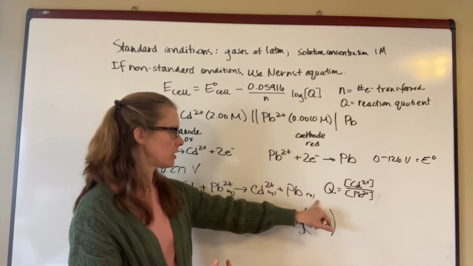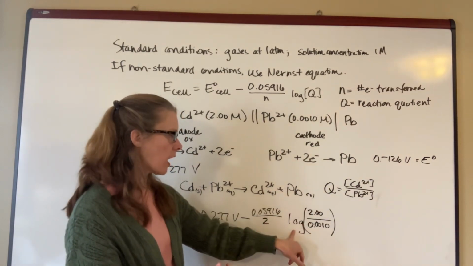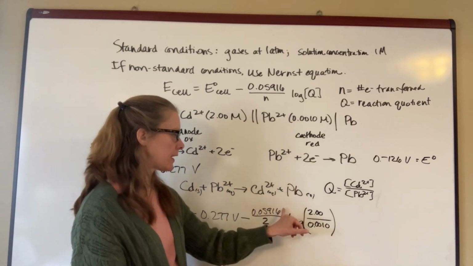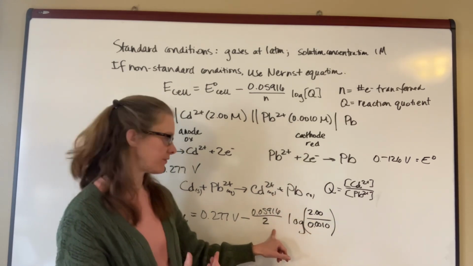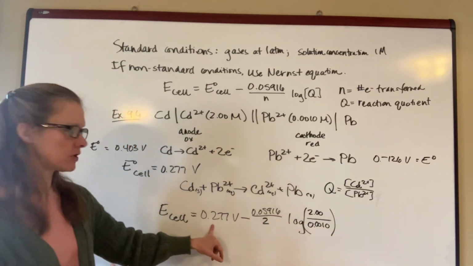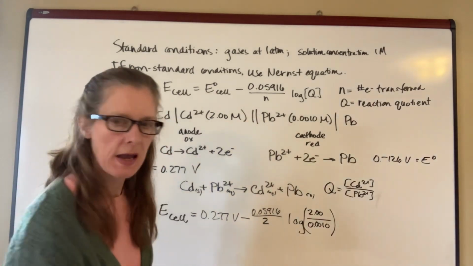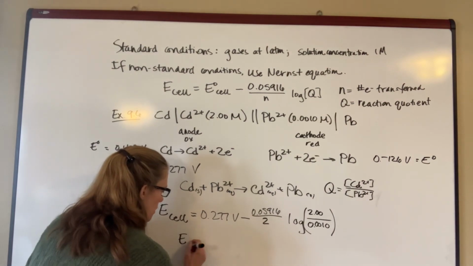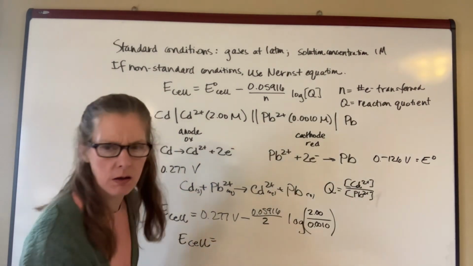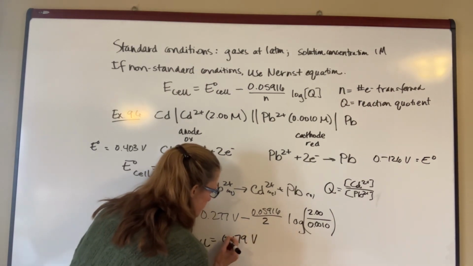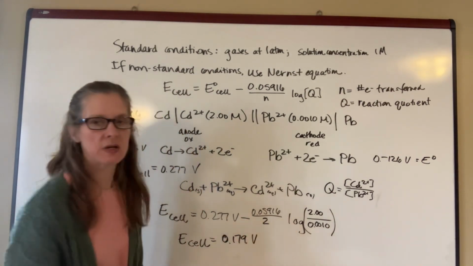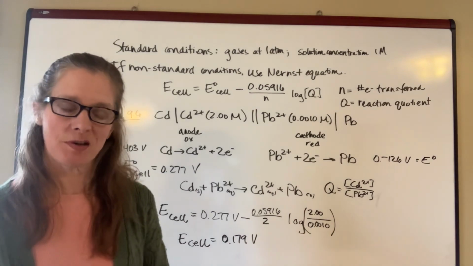I would start over here, divide that out, take the log of it, multiply by 0.05916, divide it by 2. Once you have that number, make it negative and add it to the 0.277 volts. And you should come up with an E for the cell of 0.179 volts.